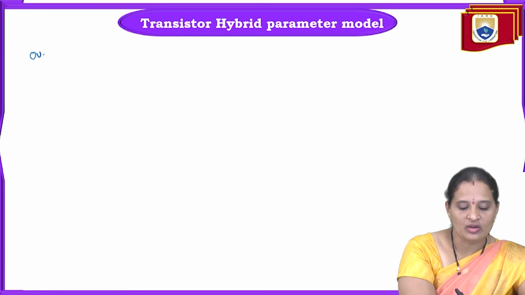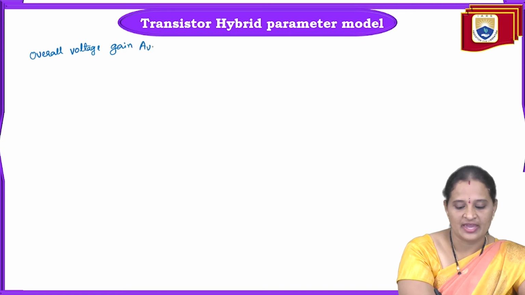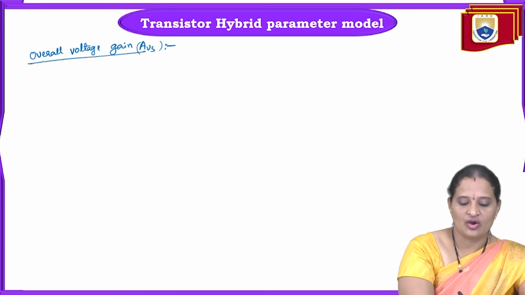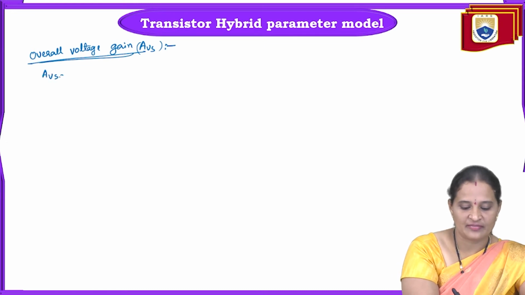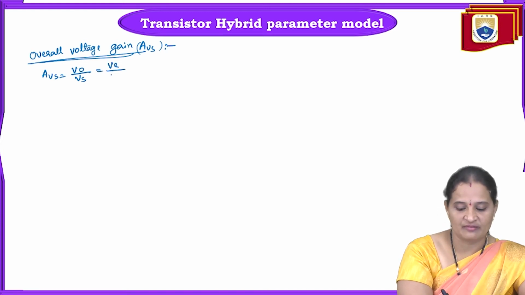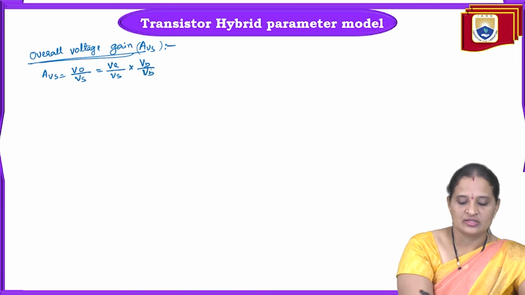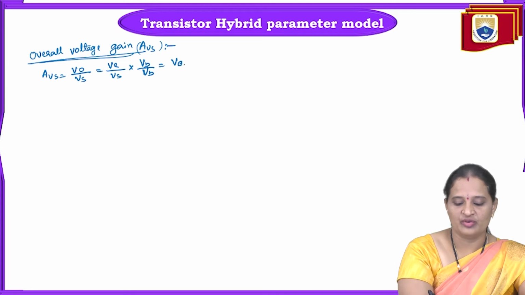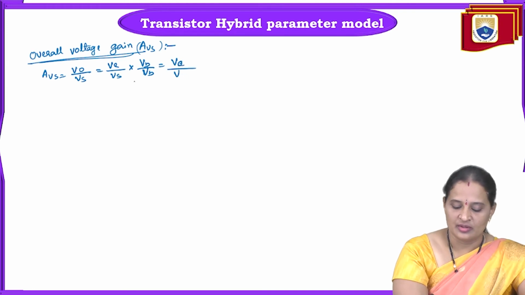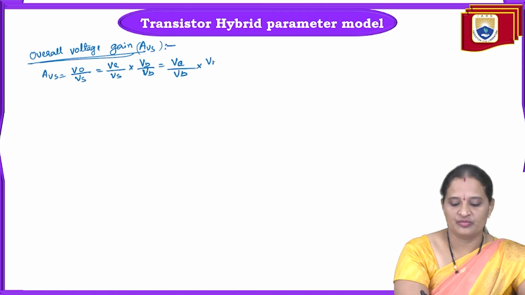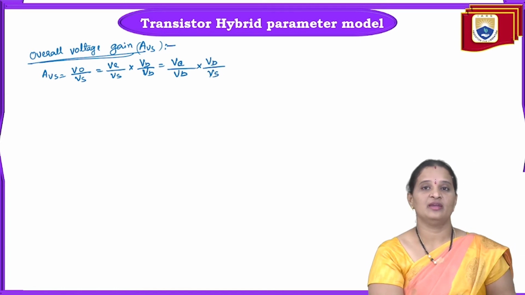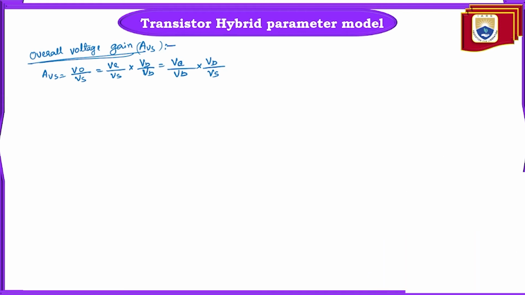The overall voltage gain, represented as AVS, is V0 by Vs, where V0 is VE, so I multiply and divide by VB: VE by VB into VB by Vs. This is the formula for overall voltage gain.